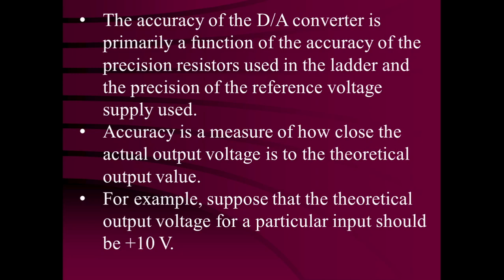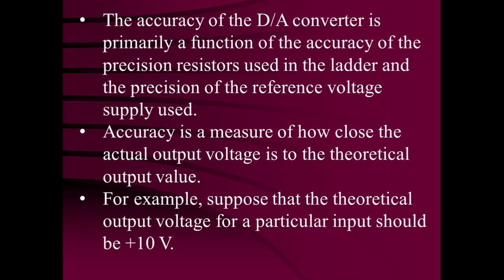So if it is 10 volt, when the output of the shift register is high, the output of the level amplifier should be exactly 10 volt, and if the output of the shift register is 0, then the output should be 0 volt. So these two things are very important in deciding the accuracy of the D to A converter.